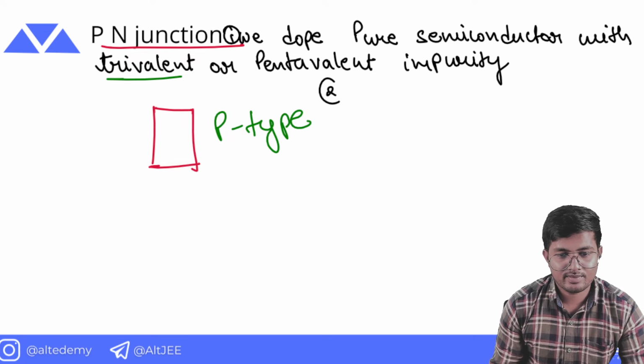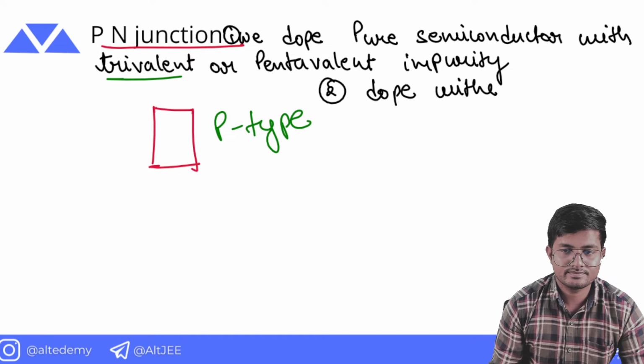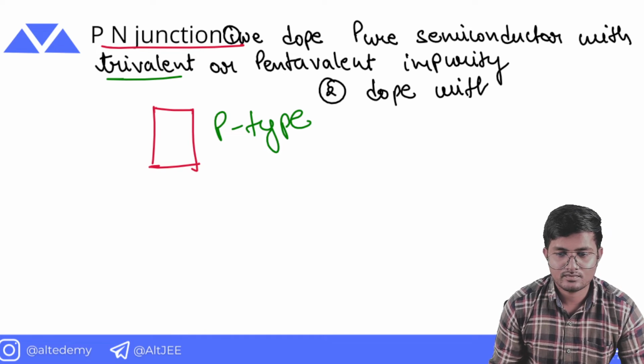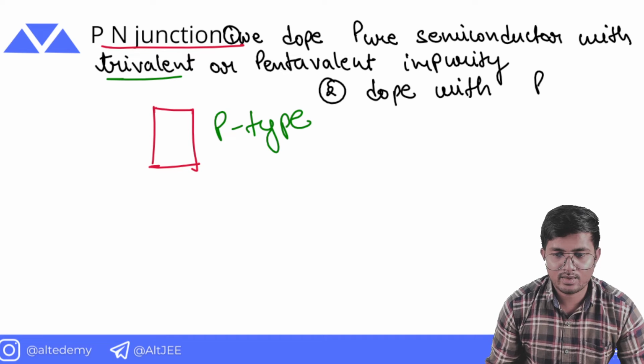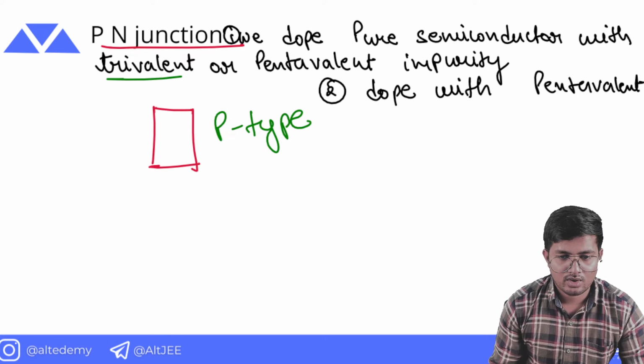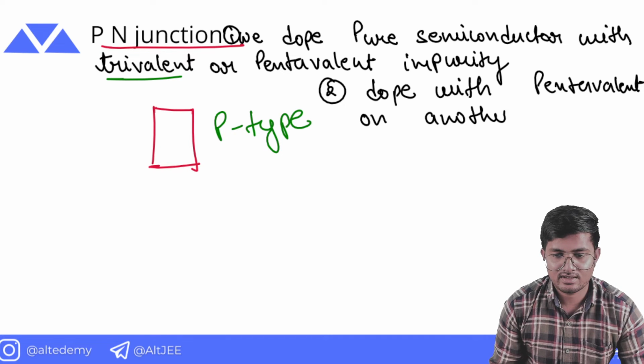In second step, dope with pentavalent impurity on another side.